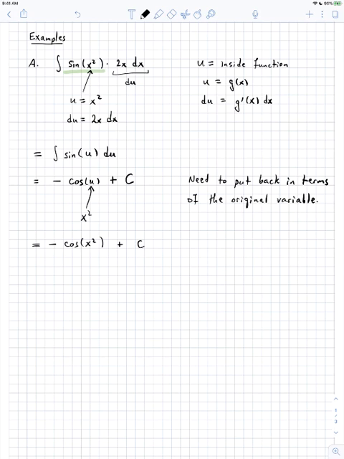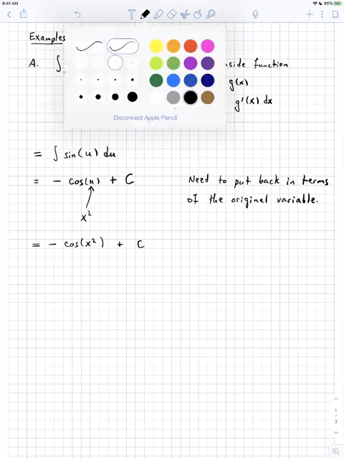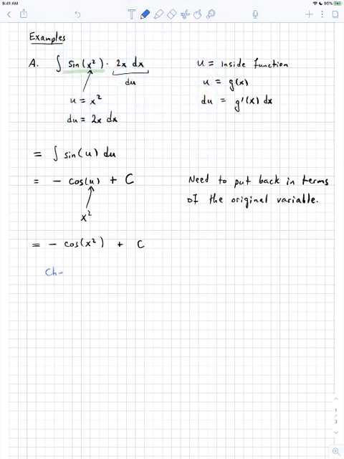The great thing about computing antiderivatives is it's really easy to check. We can check to make sure that we have the right answer by computing the derivative of our result. Compute the derivative of the answer.